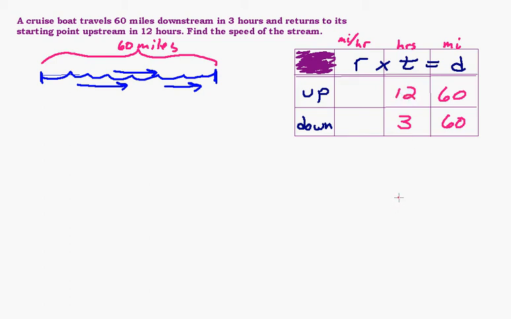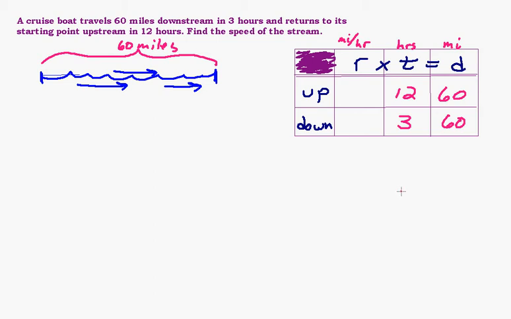Here's the tricky part about these wind, water, current, or air problems. The rate is affected by two things: the boat, or the airplane in a different case, and the current, or the wind as far as an airplane goes. In our case, we have the speed of the boat and the speed of the current.